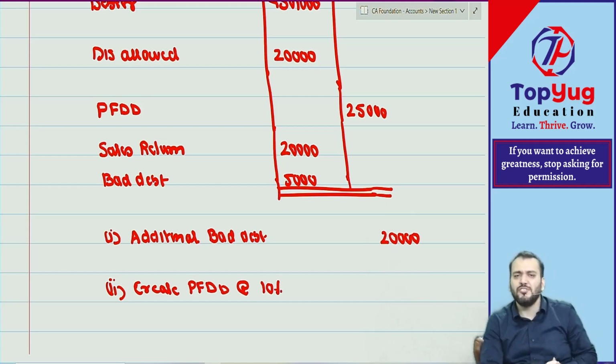What is journal entry for sales return? Sales return account debit to sales. Sales return account debit to cash account. Sales account debit to sales return.